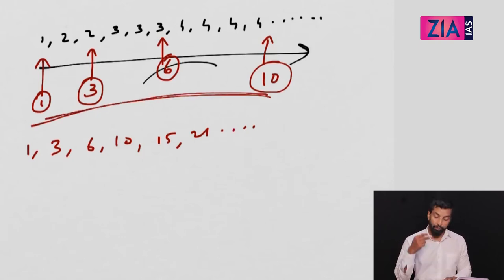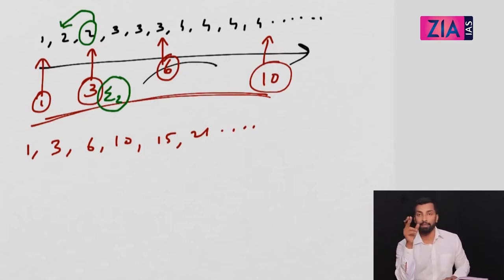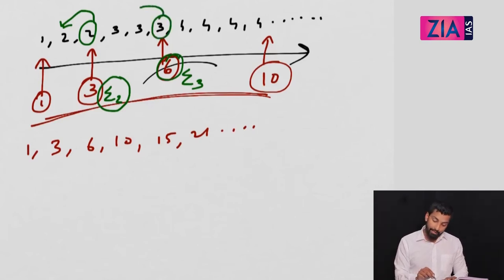Now how do you understand this series? See, what is 3? 3 is actually sigma 2, 1 plus 2. So the third term is 2, and the previous 2 terms are 2. Now 6 is nothing but sigma 3, so the sixth term is 3, and the previous 3 terms are 3.